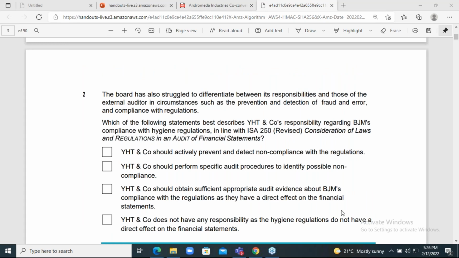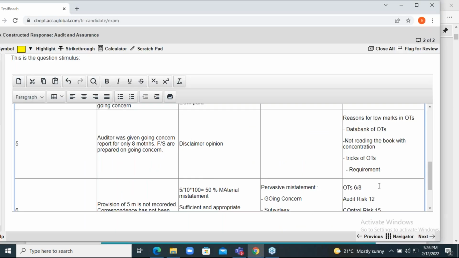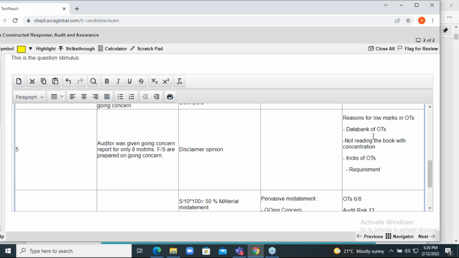Now in coming to this process of how to find the correct answer, I would suggest that you can start by finding the wrong answer.